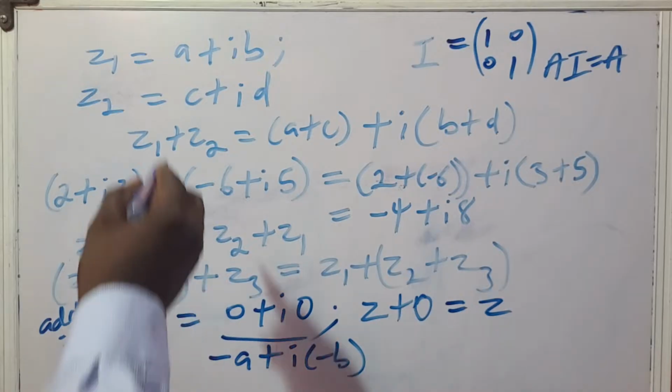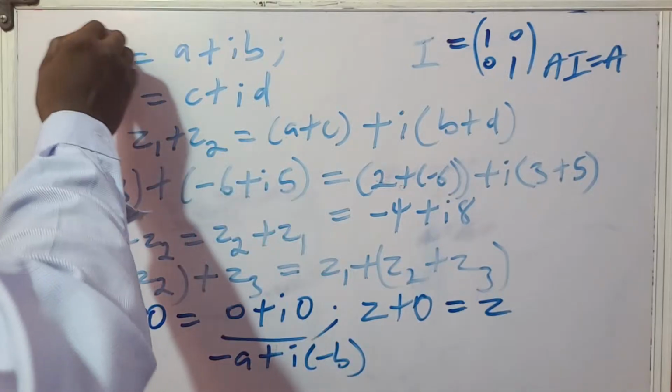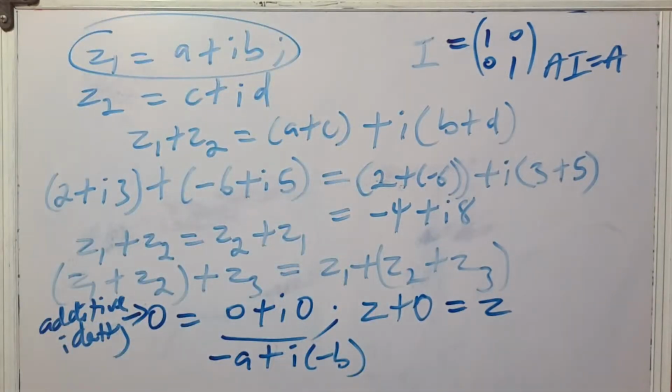So imagine you had your z as what we have here. Then this is what we will call the additive inverse. And when you have z, of course, we always denote the additive inverse as minus z. These are just properties.